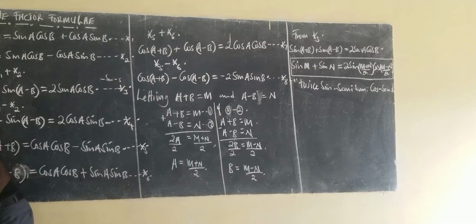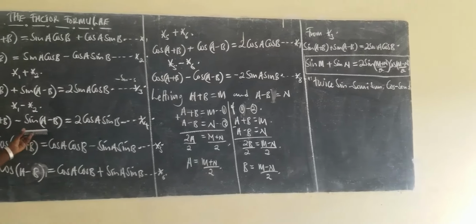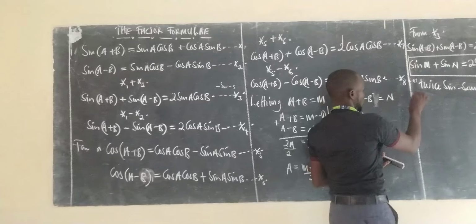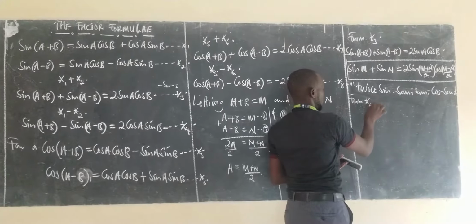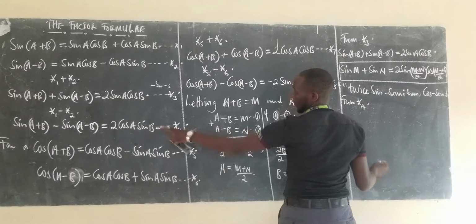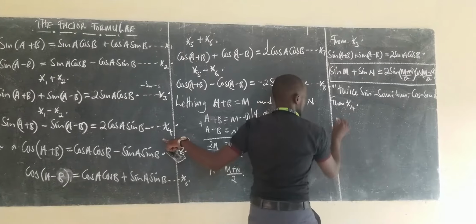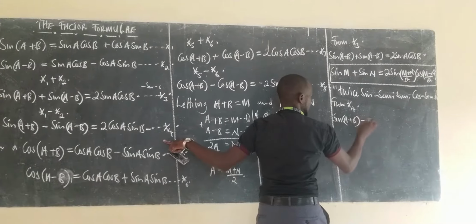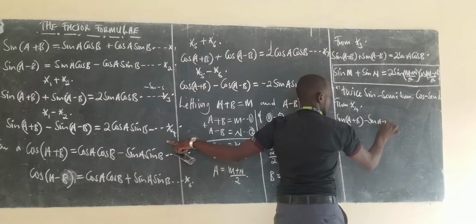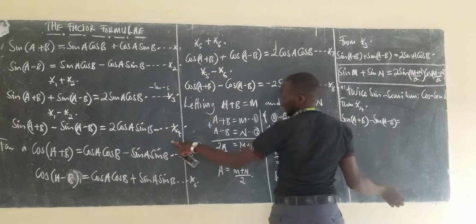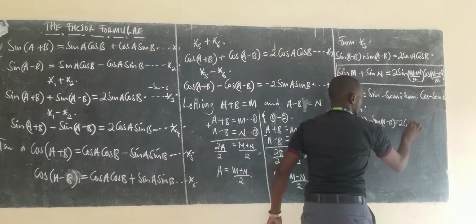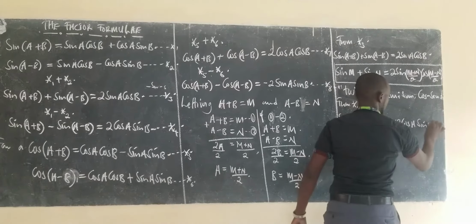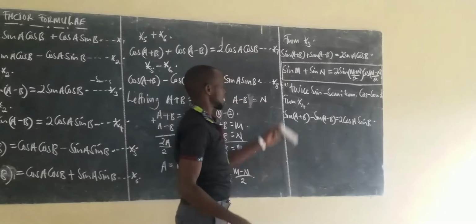Now, about the subtraction of two sines, you go to equation 4. From equation 4, it is sine of A plus B minus sine of A minus B, that is giving us twice of cos A sine B. Just make a substitution, just like you did up.